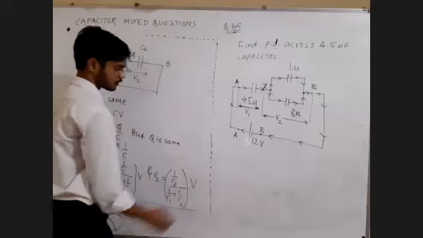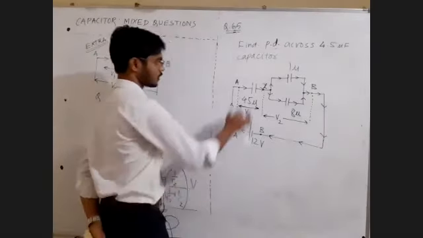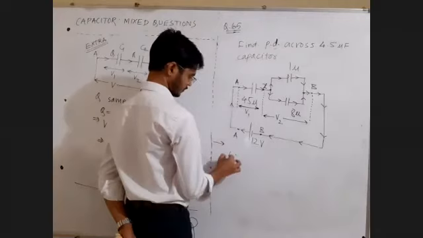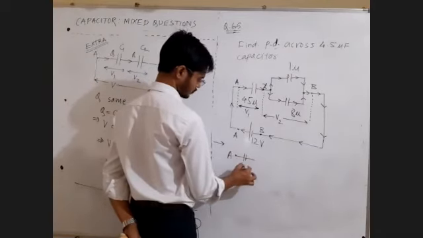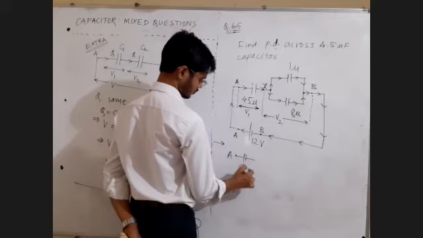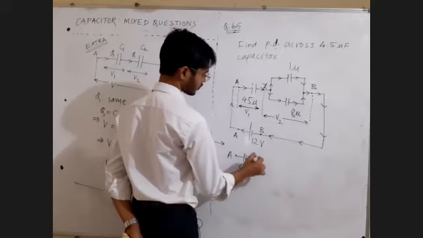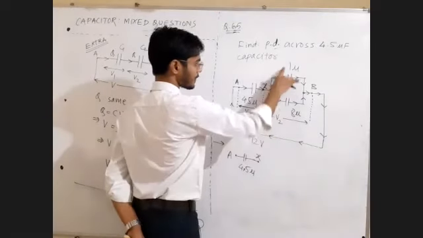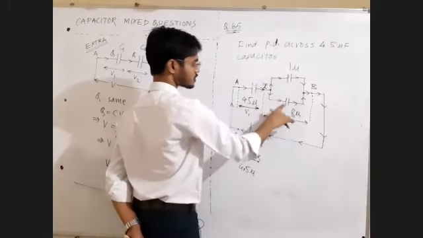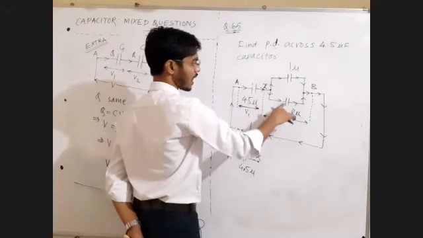Extra point is over. Solution. Point A, 4.5 micro. Point X, 1 and 8 parallel, capacitors parallel. C1 C2 parallel, R1 R2 series.